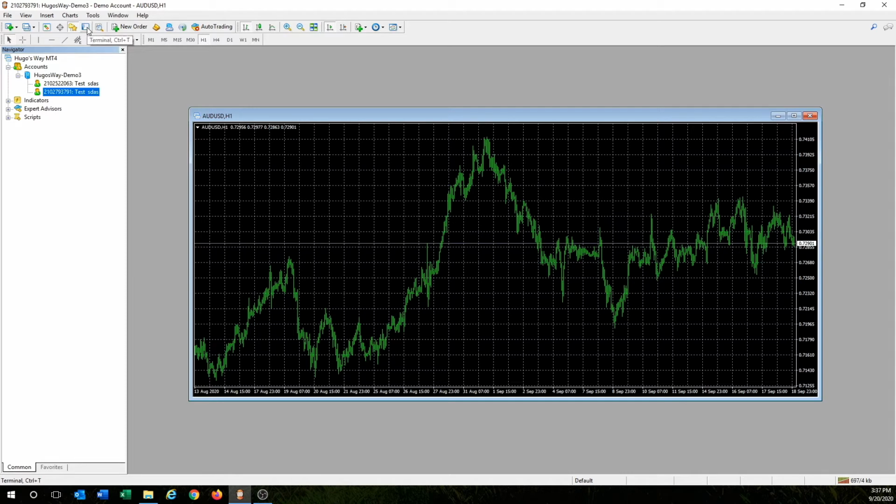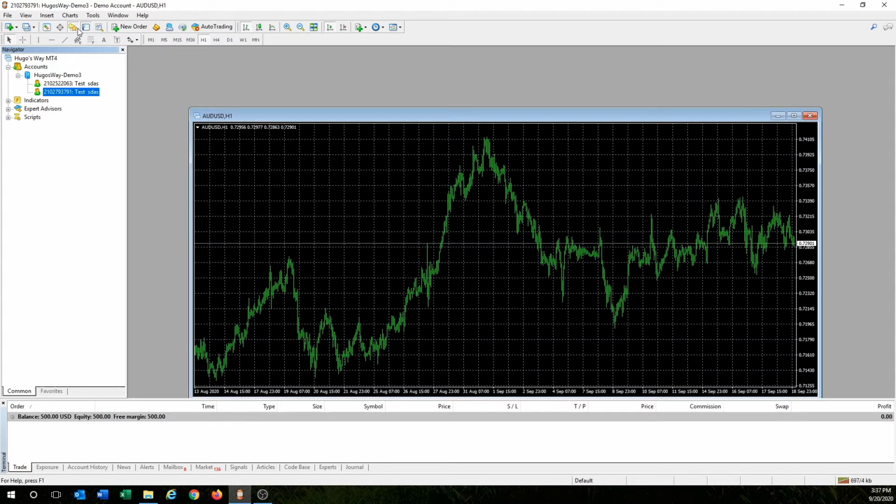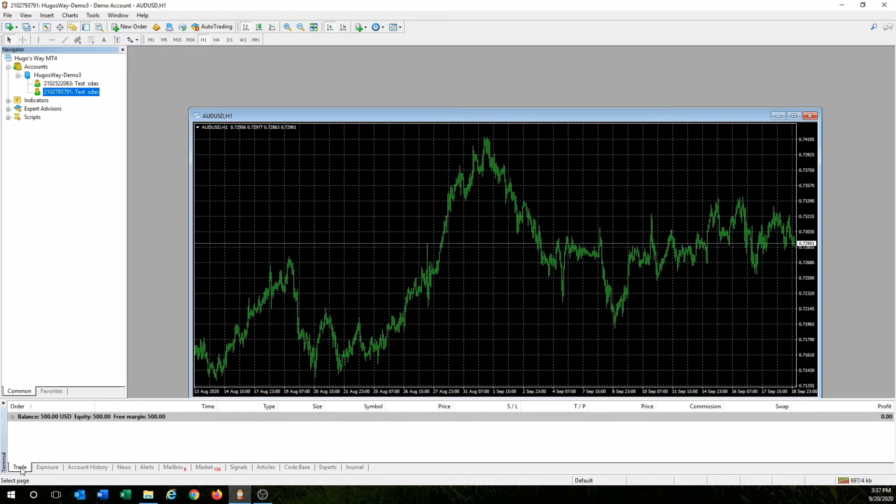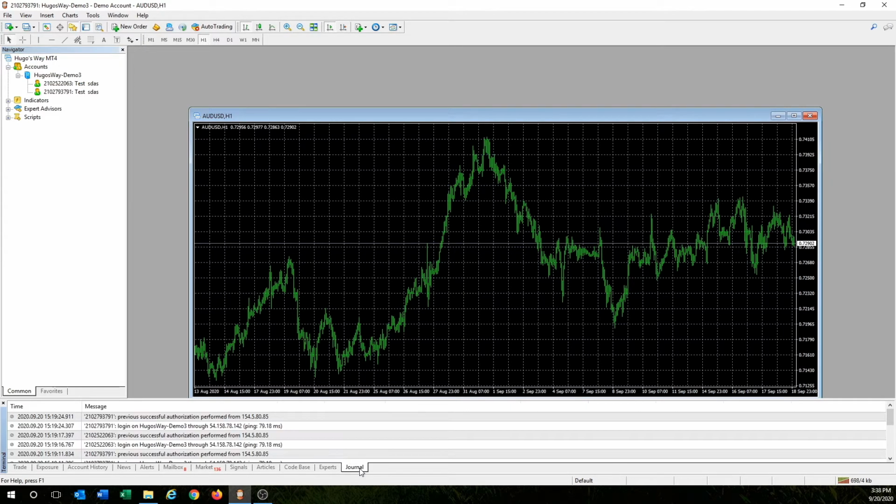I also want you to open up this terminal. See this button right here, terminal? See how it toggles down here? When we're on the trade tab down here, it'll show us our account balance. I want you to be familiar with this trade tab as well as this journal tab. When we're logging in, if we have problems logging in or you enter the password incorrectly, you'll get some sort of message here under journal.